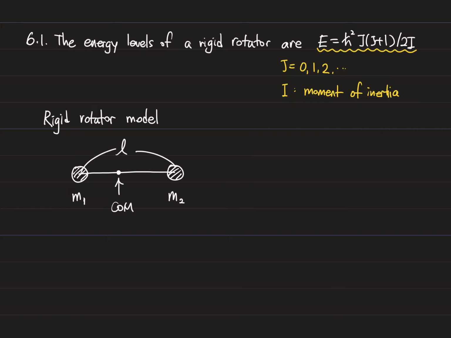That means the distance between the first particle and the center of mass would be L1, and similarly, we can define L2. These two particles or two atoms are rotating with respect to the center of mass. So let's say they make a rotation like this, and the center of mass is placed here.